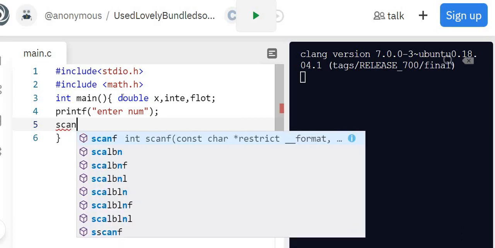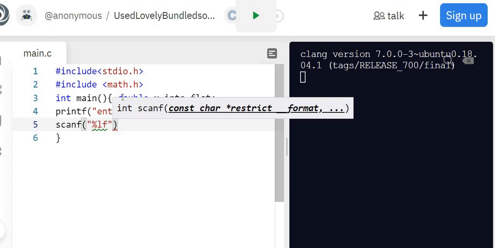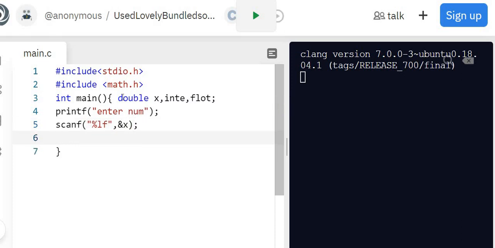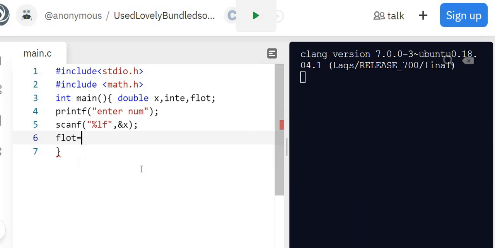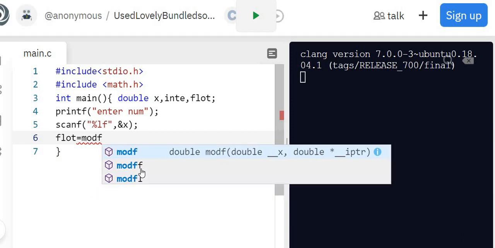But as this is defined as double, we must say here %lf for double and then read that number. So we get that number. Now the function is, we have to get the number in real part as the function is modf. modf.